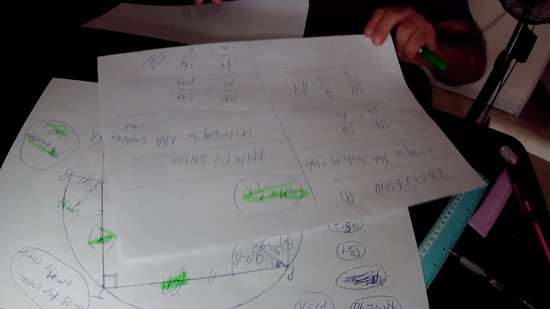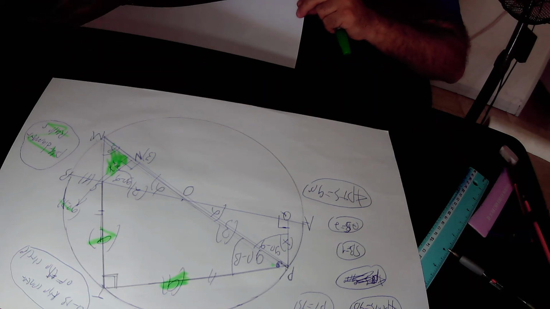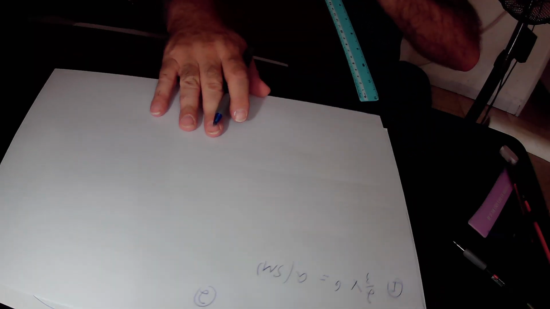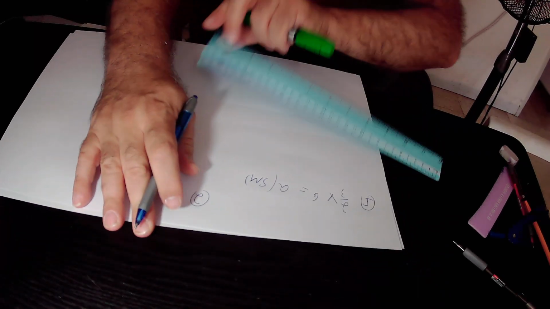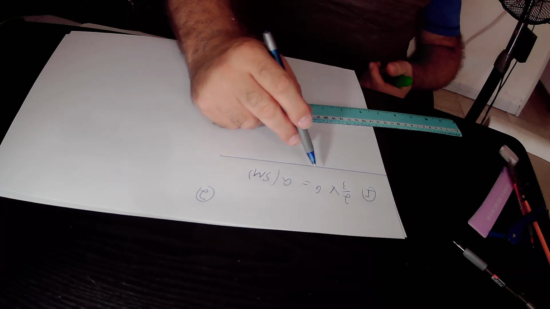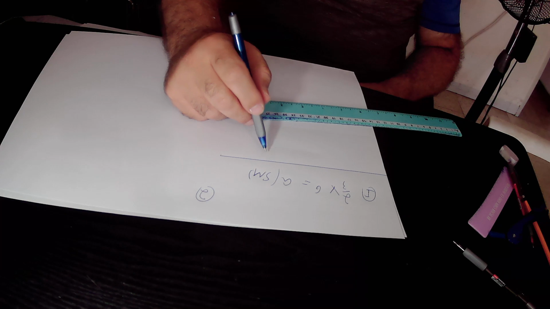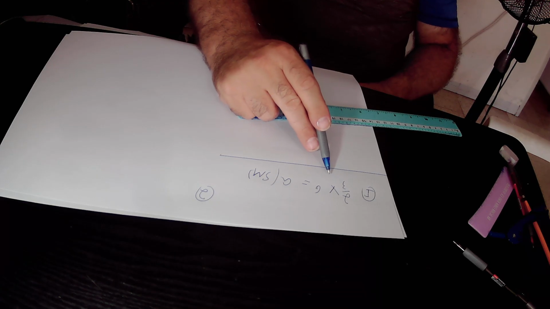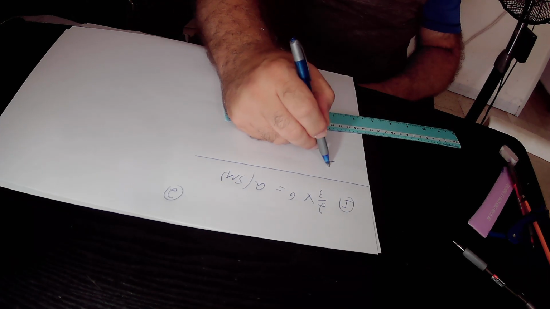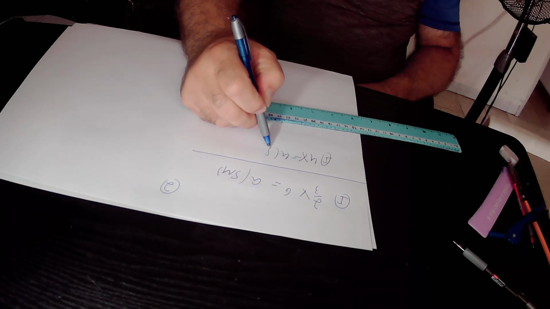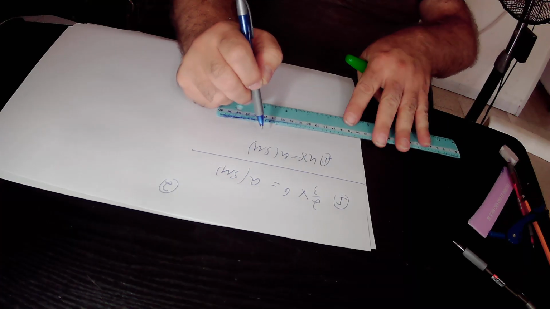So according to equation 1, two-thirds x times 6 equals A times SM. 6 over 3 is 2, and 2 times 2x is 4x. So in total, this expression equals 4x. So 4x equals A times SM according to equation 1.